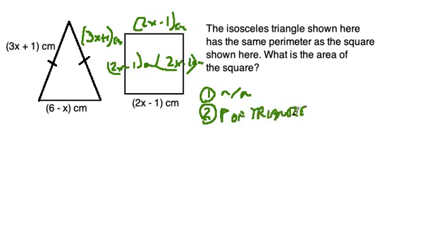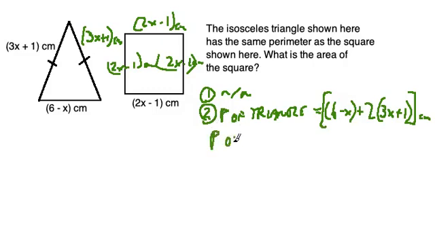Perimeter is what you get if you add up the three sides. So I'm going to write that like this: 6 minus x plus, instead of writing this out twice, which I could do, I'm going to be a little lazy here and do 2 times 3x plus 1. This is all in centimeters, which I can put the units on at the very end. That's my algebraic expression for the perimeter of the triangle.